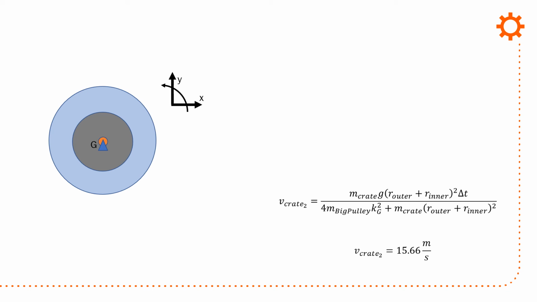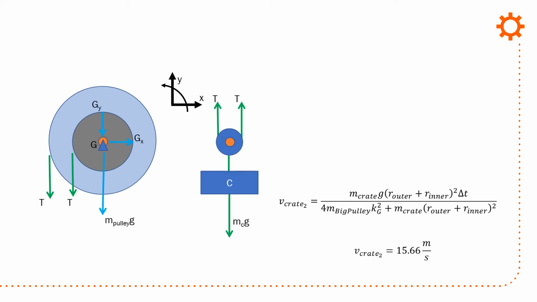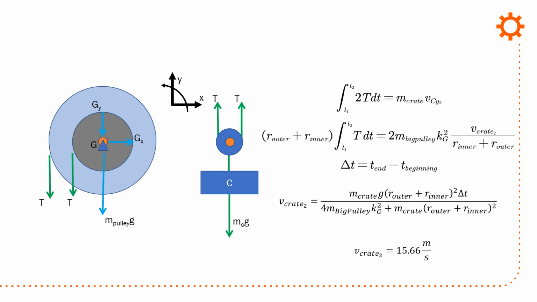So substituting in terms and putting all of this together, putting in my free body diagrams, there we go, and correctly writing my equations at the top before giving you the answer, I get 2T m crate plus VCY2 times R outer plus R inner is T, the integral of the tension, twice the mass of the big pulley, k_G squared, velocity of the crate, over R inner and R outer.